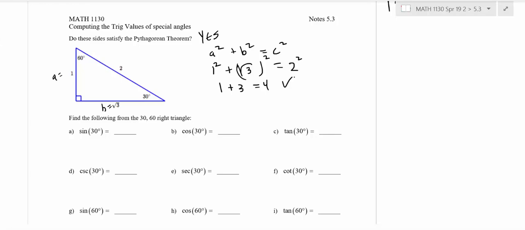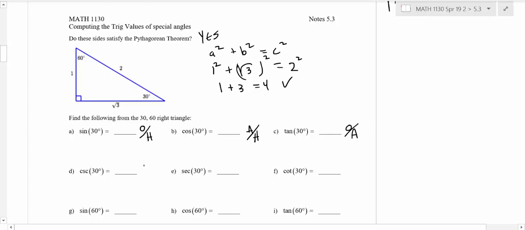So what I'm going to do first of all is take the triangle, and we're just going to fill out the trig functions on this. If you want to write down your definitions, you can. Sine is opposite over hypotenuse. Cosine is adjacent over hypotenuse. Tangent is opposite over adjacent. That's your SOHCAHTOA.